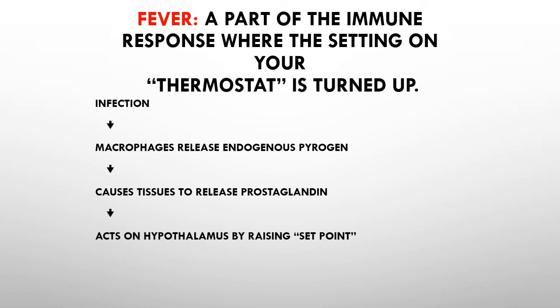We send our macrophages over to destroy whatever it is that is infecting us. Those macrophages release substances called pyrogens. Those pyrogens then cause the tissues to release prostaglandins, and those prostaglandins go up to the hypothalamus and say, turn up the temperature. And so our fever goes up.